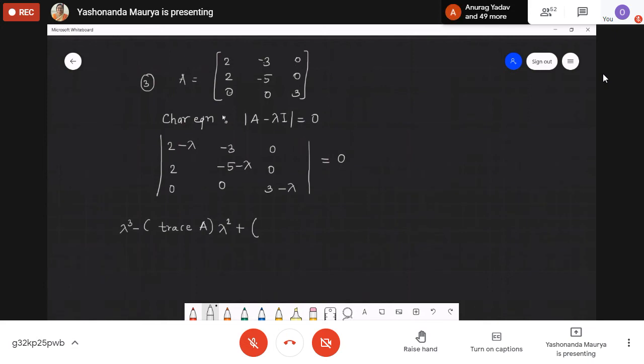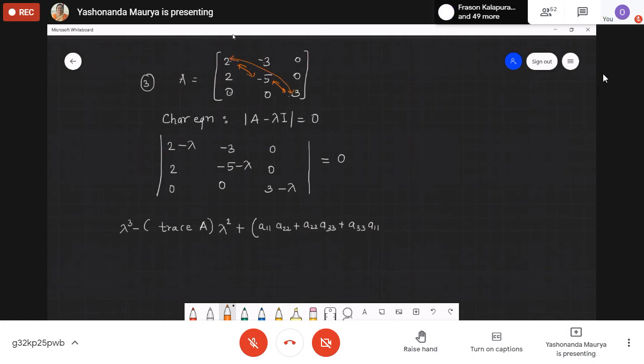So this is A11 A22 plus A22 A33 plus A33 A11. This into this, and this into this. All combinations have been taken.